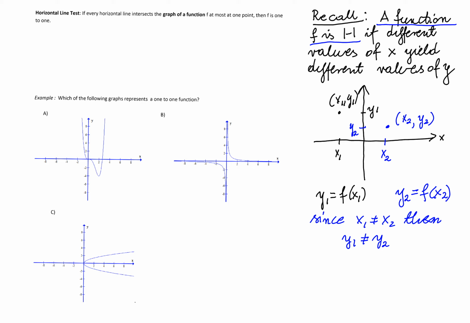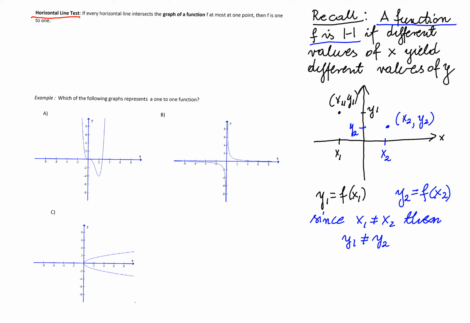Since the points with the same y coordinate are on the horizontal line, that leads us to a test that we call the horizontal line test, which determines whether a graph of a function represents a one-to-one function. The test says that if every horizontal line intersects the graph of a function at most at one point, then f is one-to-one.